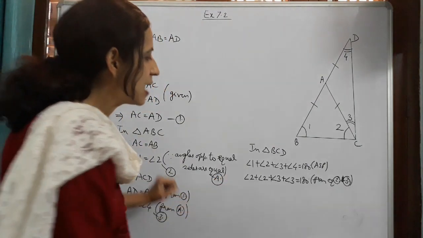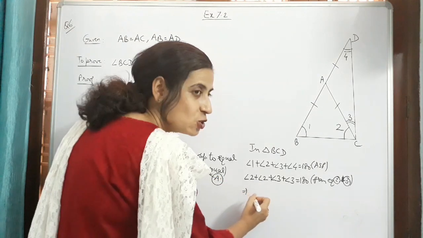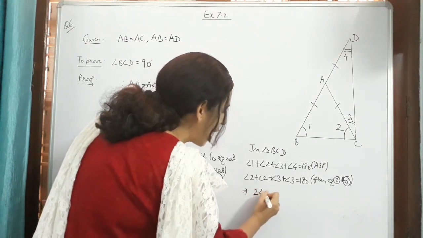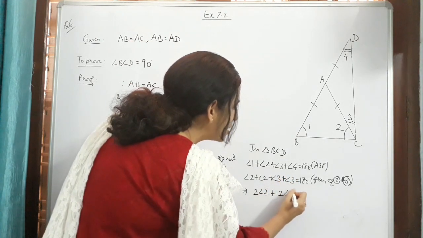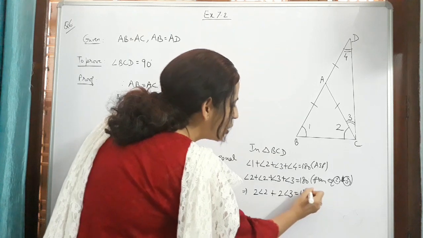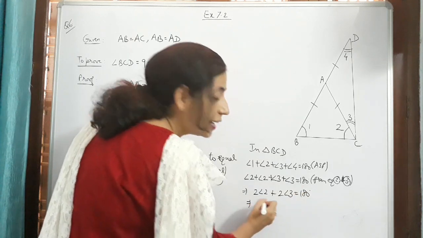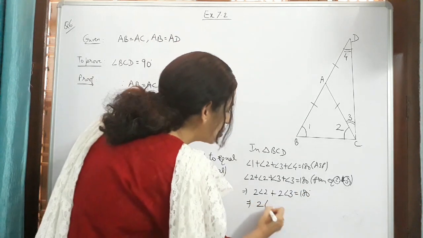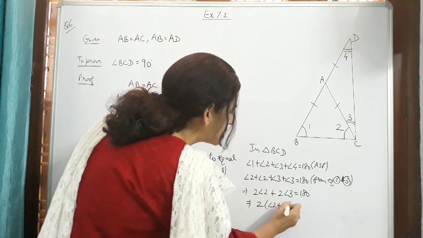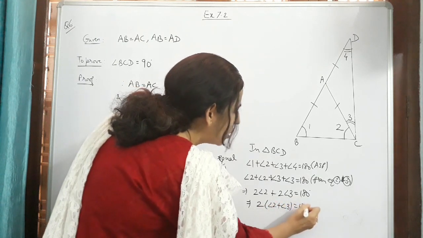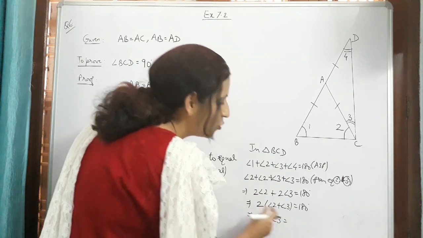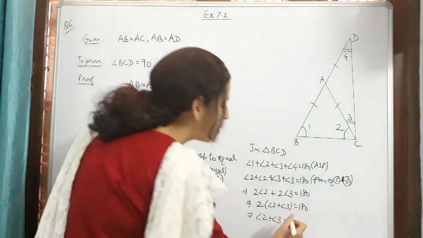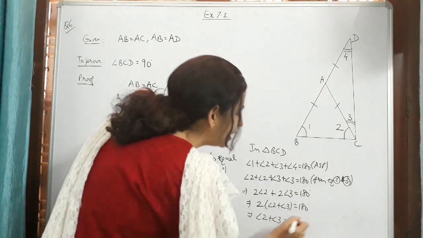Now angle 2 plus angle 2 becomes twice of angle 2, and angle 3 plus angle 3 becomes twice of angle 3. So this is equal to 180 degrees. We can take out 2 common. So twice of angle 2 plus angle 3 is equal to 180 degrees, or angle 2 plus angle 3 would be 180 divided by 2, that is 90 degrees.